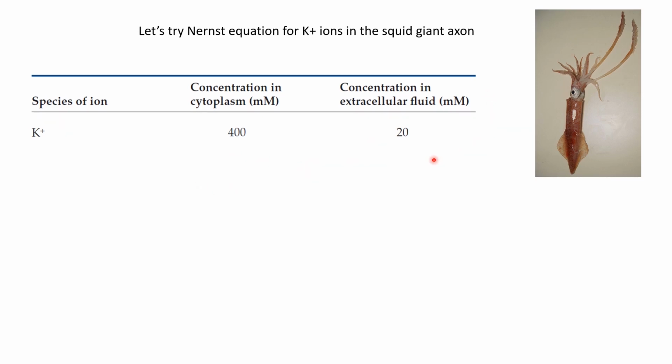And we just need to know the ratio of these two values. So if we plug that in this formula, 58 millivolts over Z, Z is +1 for potassium, log concentration outside over concentration inside. And this turns out to be -75 millivolts. So the equilibrium potential for potassium ions in the squid giant axon at room temperature is -75 millivolts.